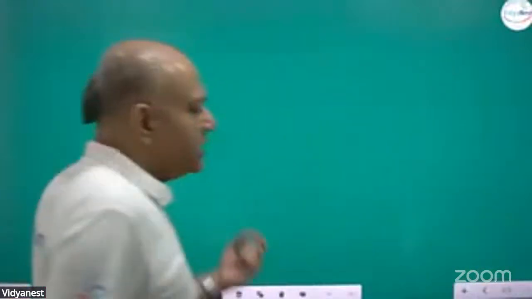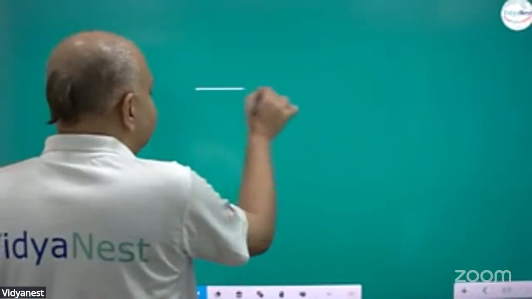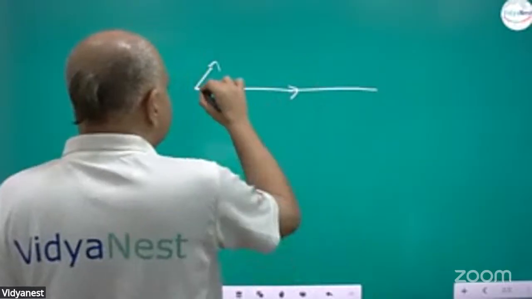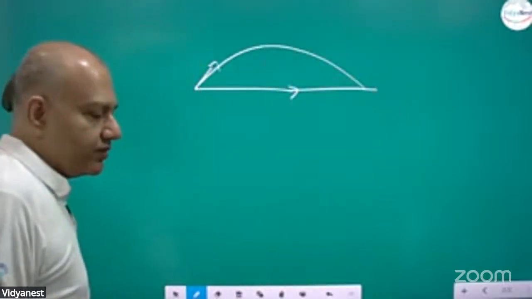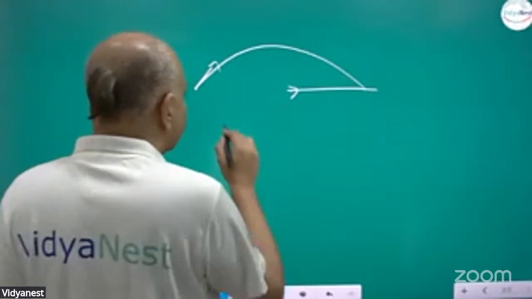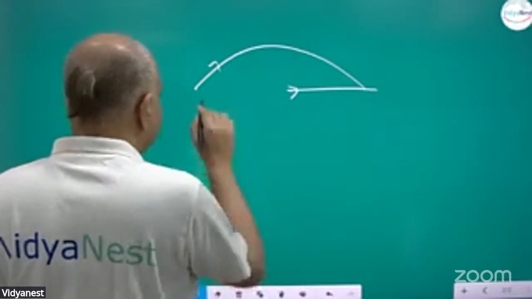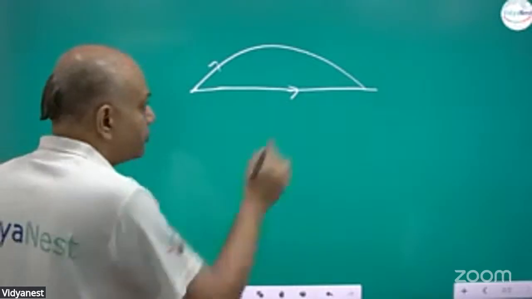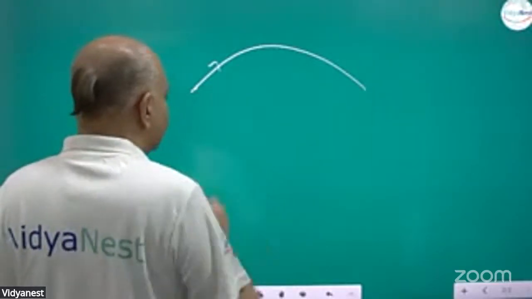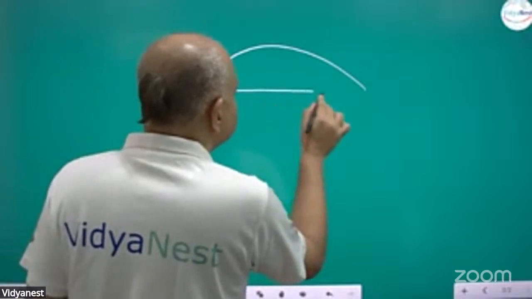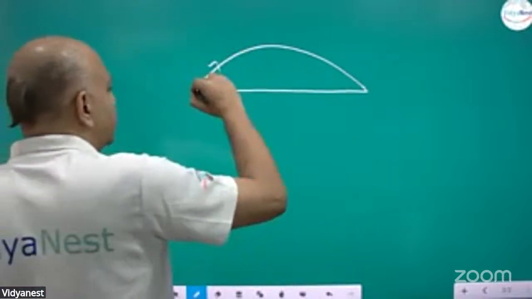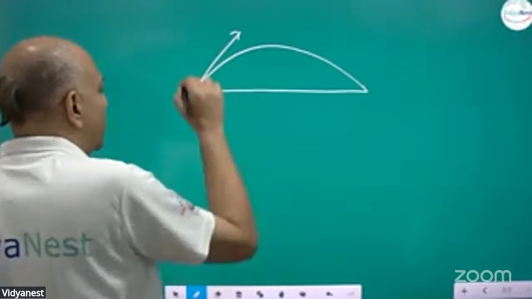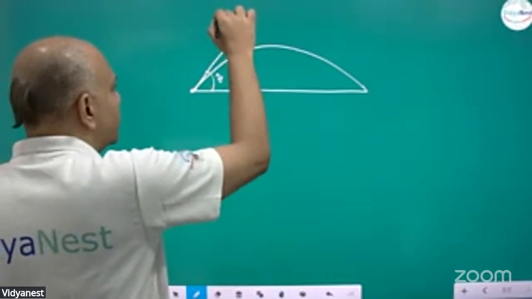Now see, whenever I think of a projectile projected this way, the particle goes and strikes the ground this way. The particle is projected this way, and this angle is theta, initial velocity u.